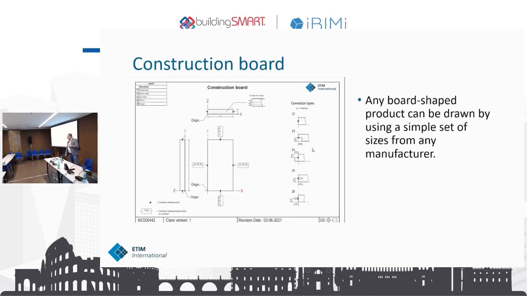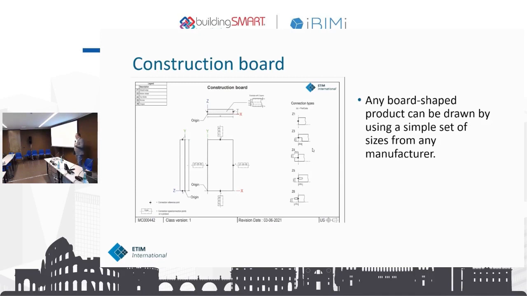So going back to the framed wall, this is a real-life example of a class we recently issued in ETIM modeling classes. That's the class for construction boards. A board has a length, a thickness, and a width, and it has maybe multiple layers, and these layers have a thickness as well.